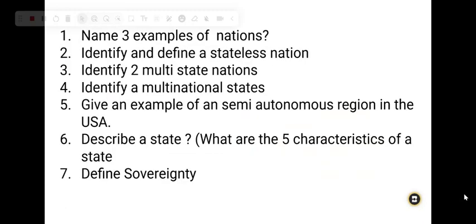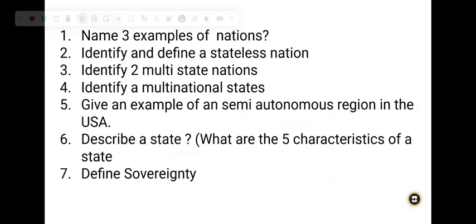Okay, so we're going to review some of these questions. You're also going to complete the review questions in your packet, and you're also going to complete the review questions that I have posted on quizzes for you for these lessons. So make sure that you can name examples of the nations. You're also going to tell me the difference between a nation and a nation state.